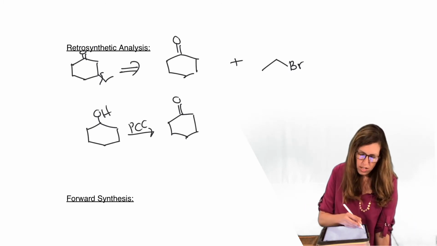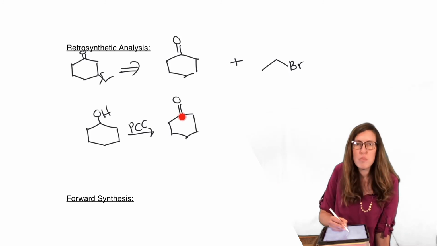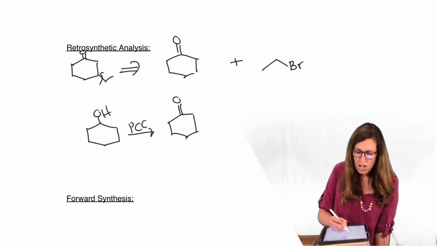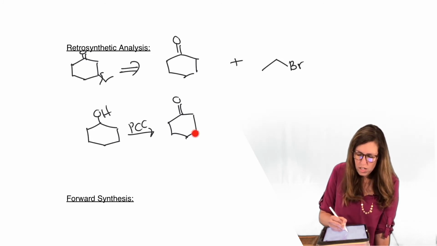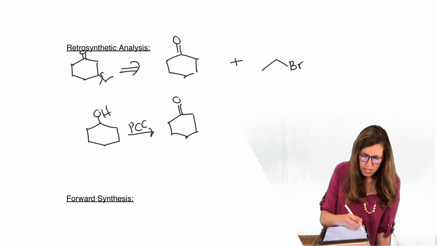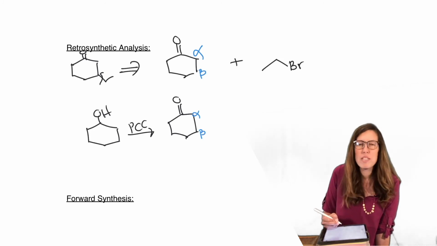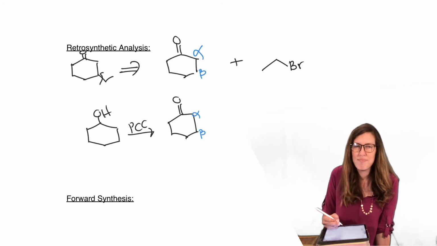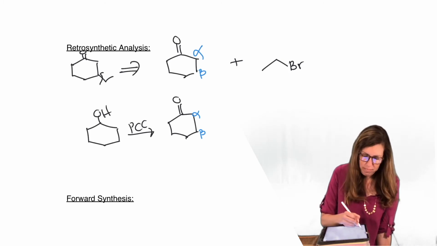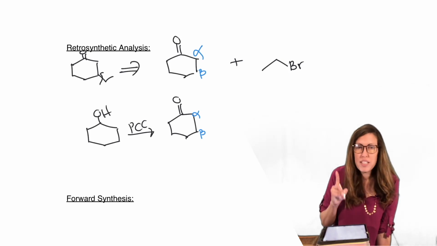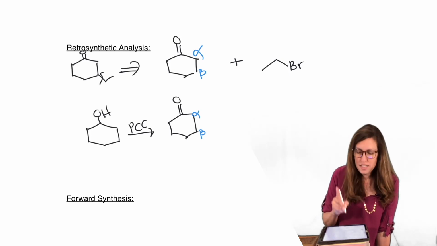But I know that so far I can attack the carbonyl carbon. I can also do things with this carbon. I'm just starting to get into that in this chapter. But have we learned how to do something? So this is what we would describe as the alpha carbon. We describe that as the beta carbon. Have we learned to do anything with the beta carbon? Only one thing. The Gilman. Let's bring back the Gilman. To have a Gilman, you have to have an alpha, beta, unsaturated carbonyl.